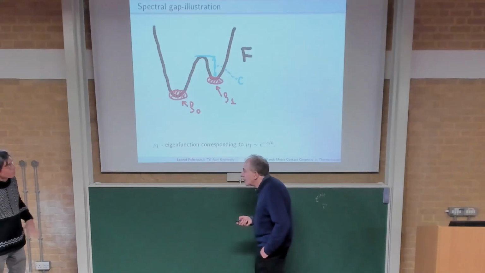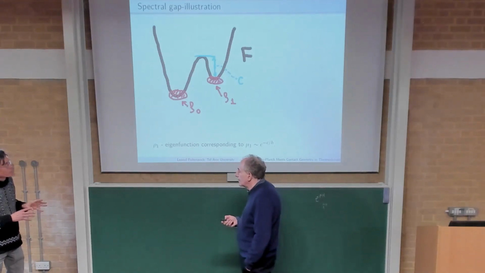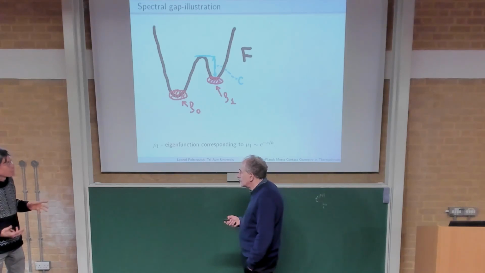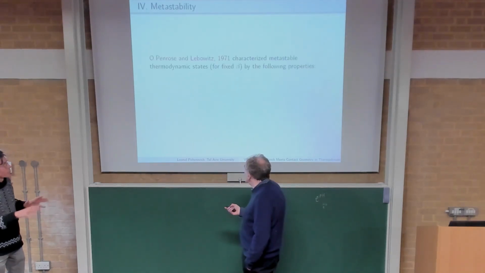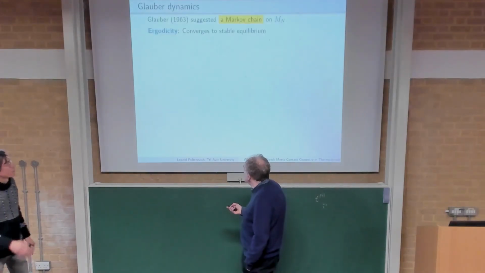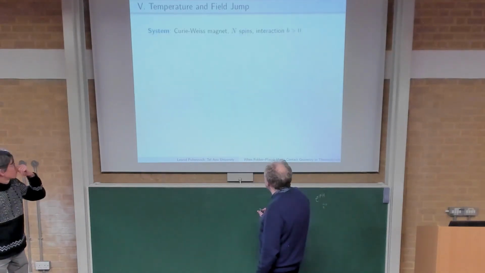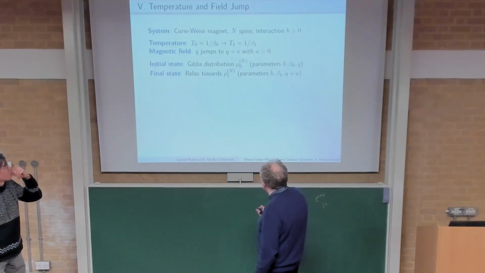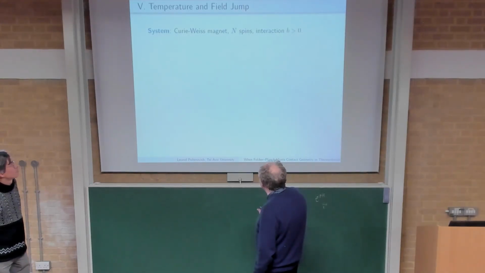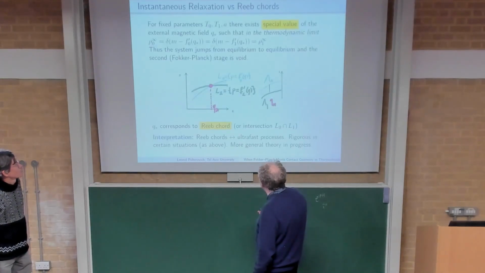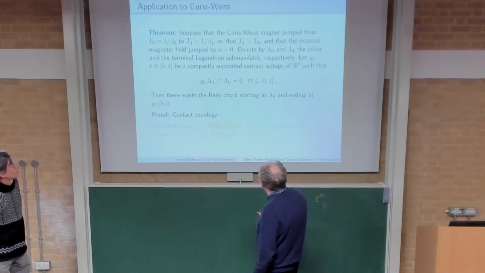But somehow I did not understand how this contact geometry interpretation allows you to analyze the thermodynamics. Is it just a geometric feature? No, I think that actually, so let's see. Okay, so let me, right.